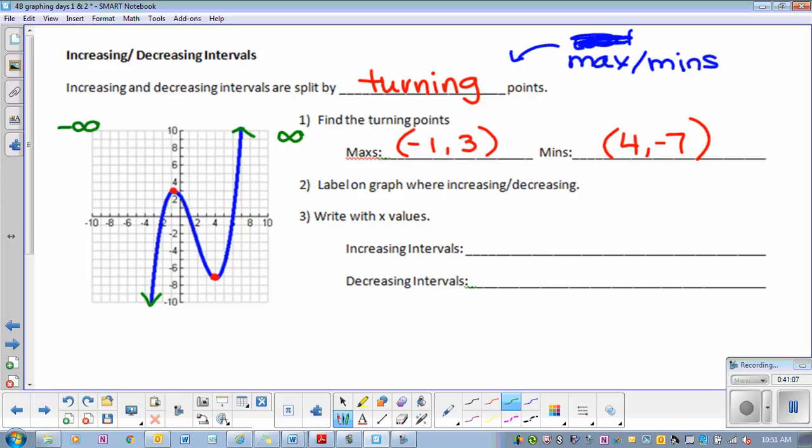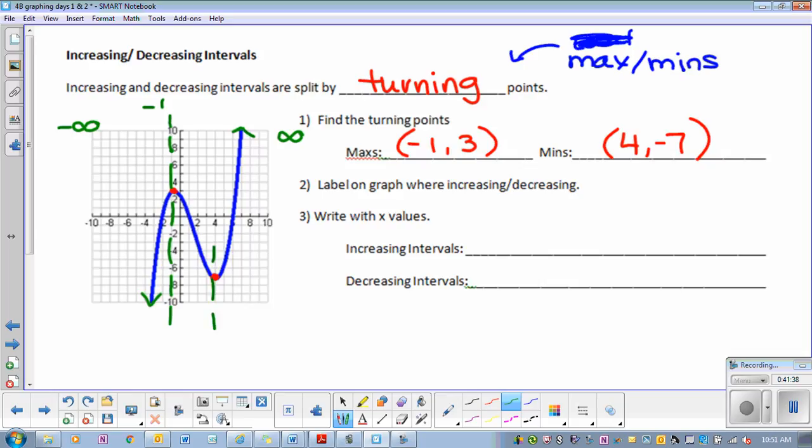Now what you need to do is draw a vertical line through your turning point. But tell me what x number this line cuts through? Negative 1. Right? So negative 1.